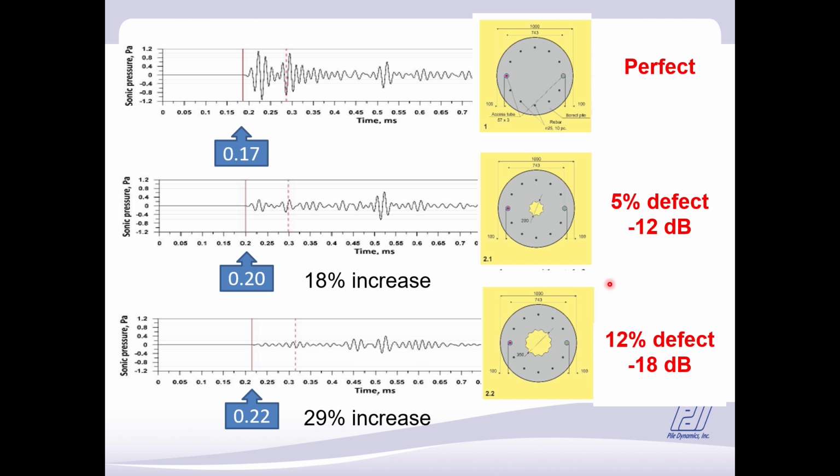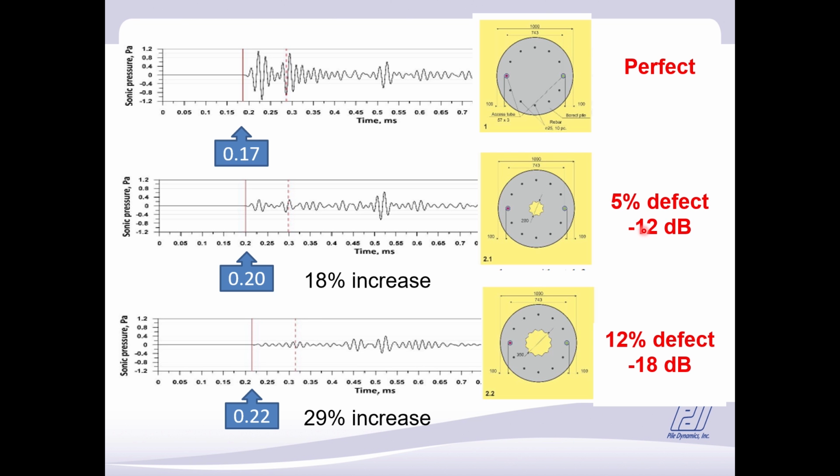And if we take a look at the actual arriving signals, for a perfect pile, we have a very strong signal. For the 5% defect, we have a 12 dB loss in signal, and you can see that the signal strength has been greatly reduced. Every 6 decibels means you've cut the signal strength in half.